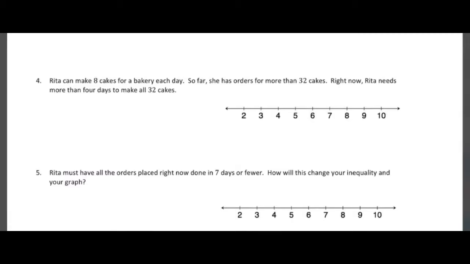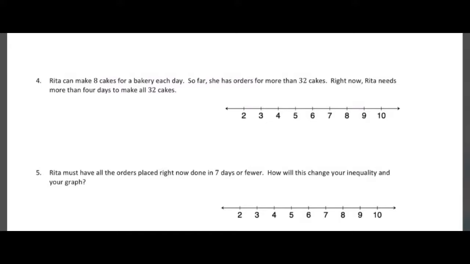So Rita can make 8 cakes for a bakery each day. So far, she has orders for more than 32 cakes. Right now, Rita needs more than 4 days to make all 32 cakes. So I'm thinking, right now, it's got me confused. I don't really care that it's 8 cakes a day.